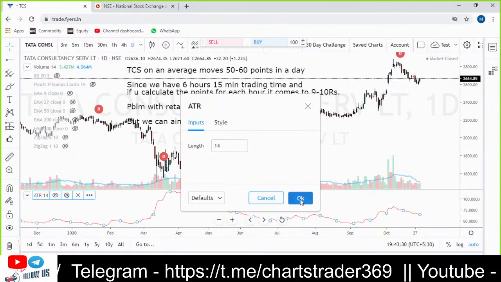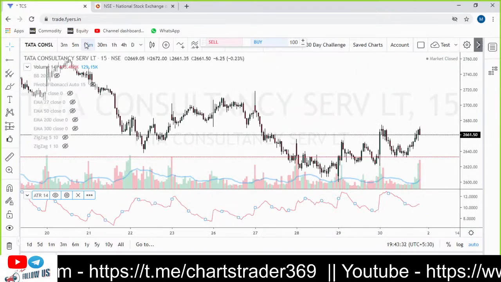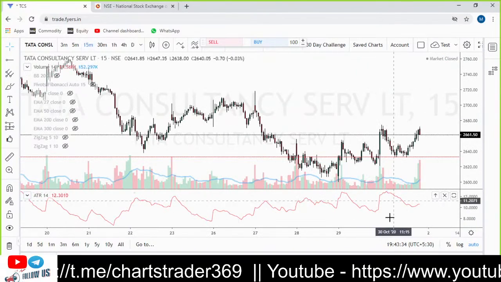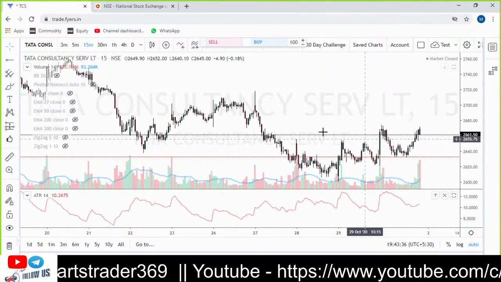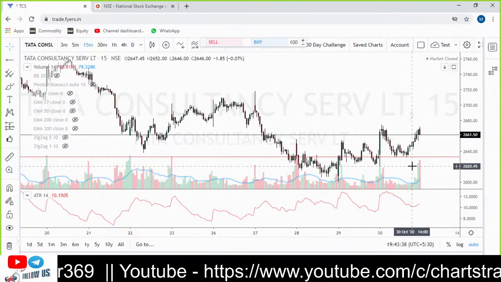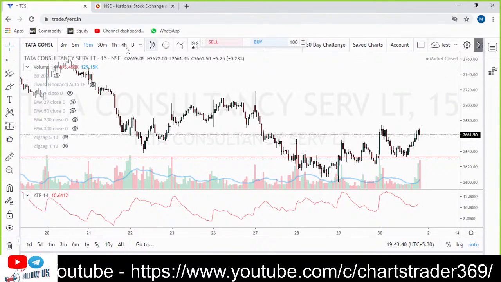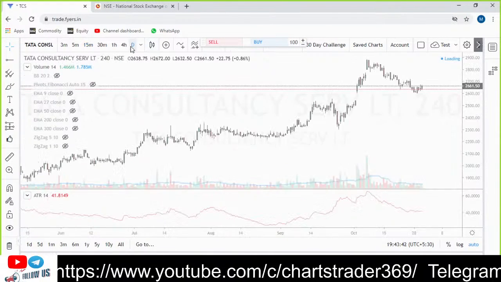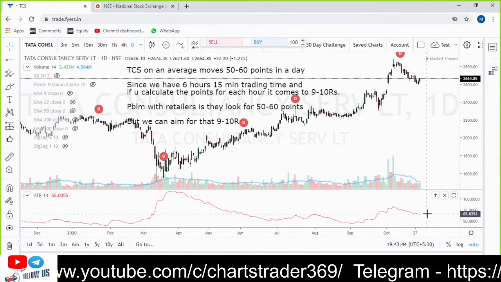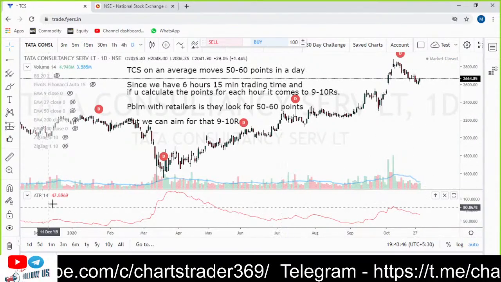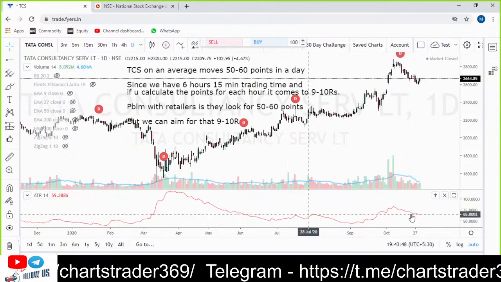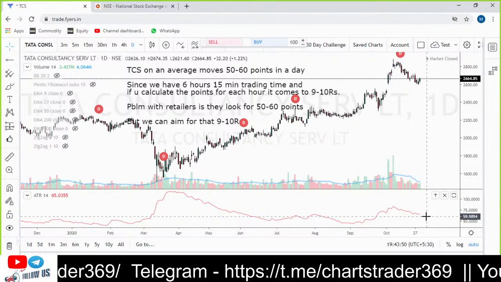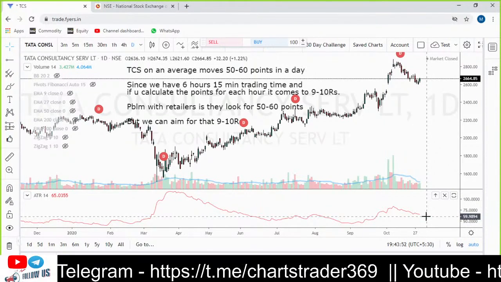Now if I go to the 15 minutes time frame, it will show me the 15 minutes ATR of this TCS. On the daily time frame, you can see the ATR value is 65 rupees.